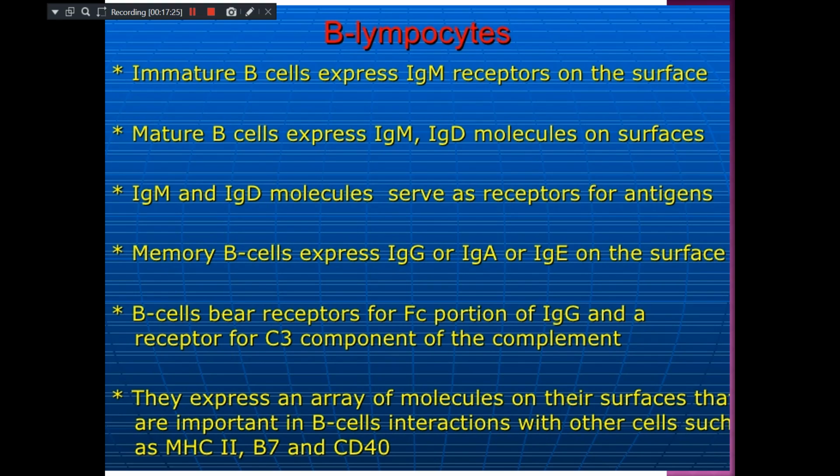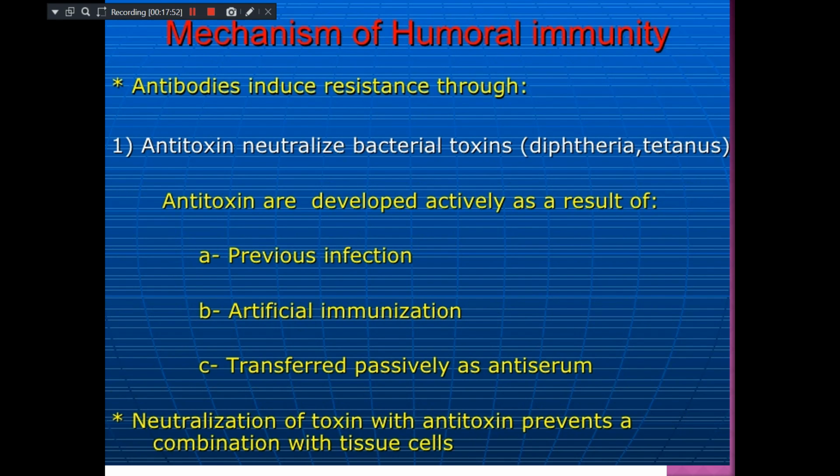This Fc portion on immunoglobulin G and the receptor for the C3 component are important as far as B cell interaction with other cells is concerned, especially MHC2. MHC2 means major histocompatibility complex, or CD4, B7. These are different immune cells.